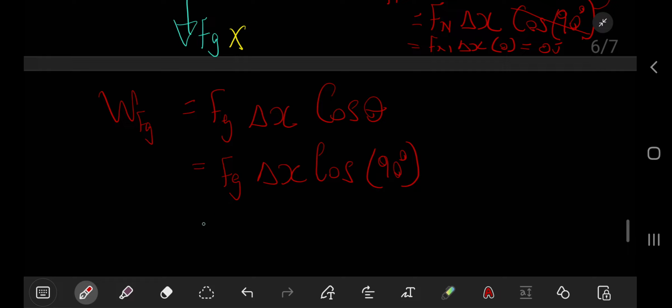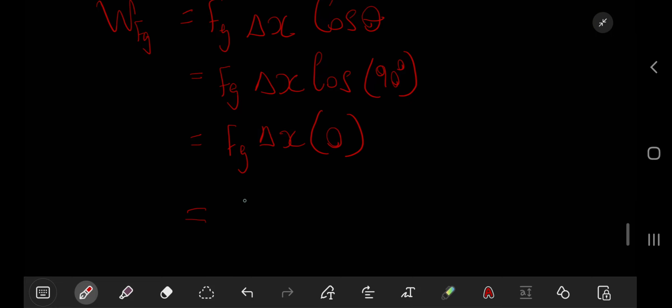So Fg multiplied by the displacement multiplied by 0 equates to 0. The work done by the gravitational force is equal to 0.